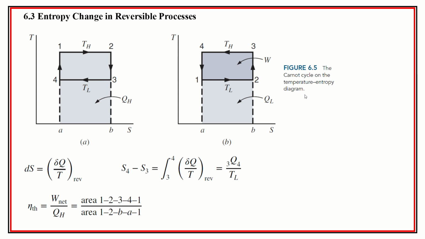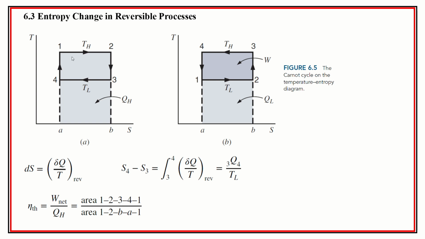All right, so here we are. This is the meat of what we were talking about in this video: entropy and change in reversible processes, and we'll start out with the Carnot cycle. Carnot is the best that we can do, the highest efficiency that's possible. It's made up of four reversible processes.